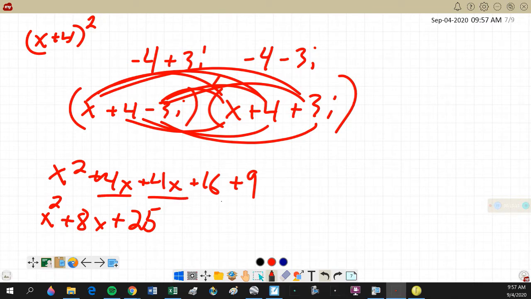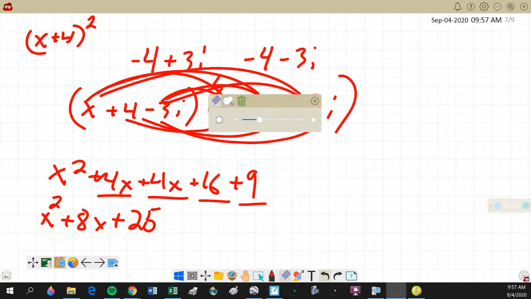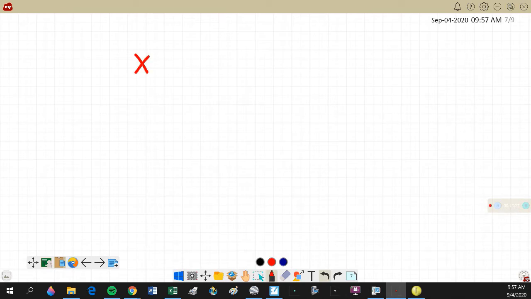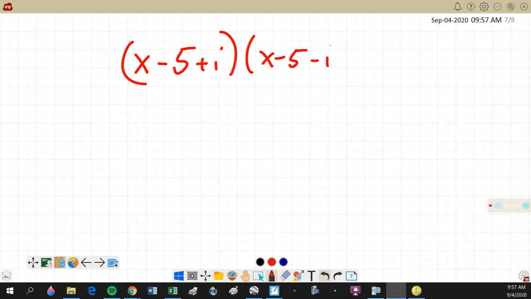4x, 4x, and 16. You can do that in your head. And then the i component is really easy to do in your head as well. So if you want, what is this going to be?